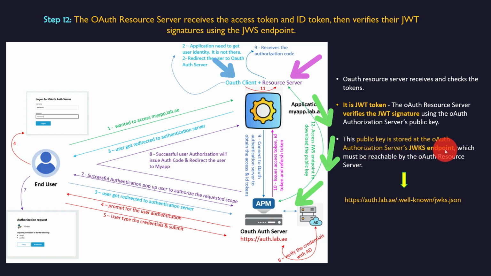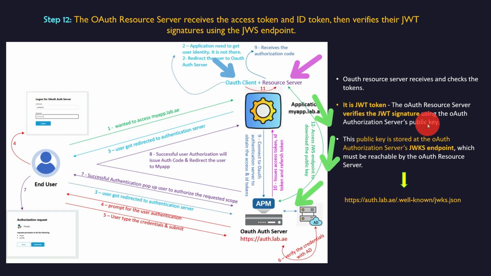Let us see this in detail. The OAuth Resource Server receives the token from the OAuth Client and checks the token. It is a JWT token. The OAuth Resource Server verifies the JWT signature using the OAuth Authorization Server's public key.